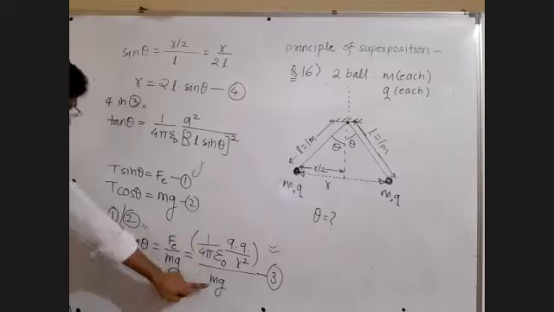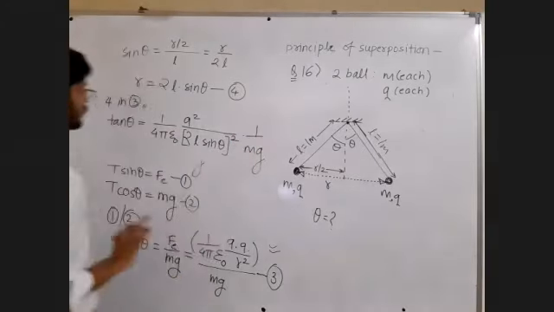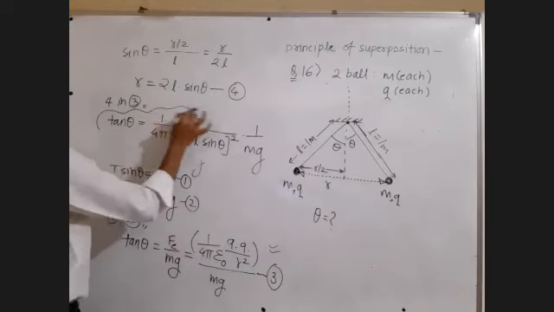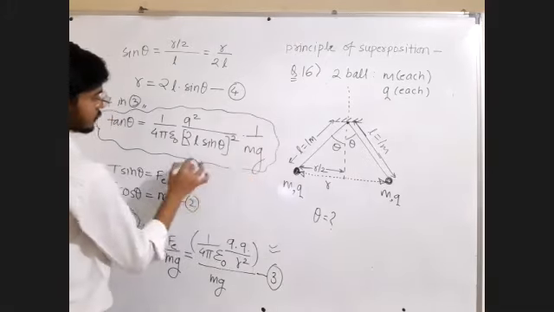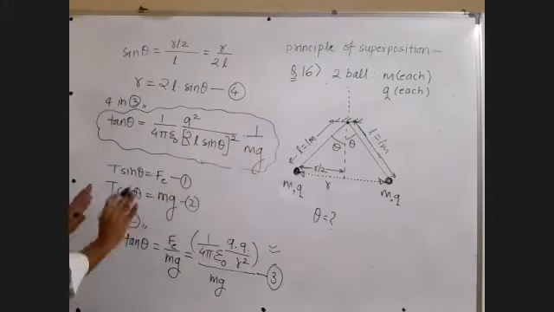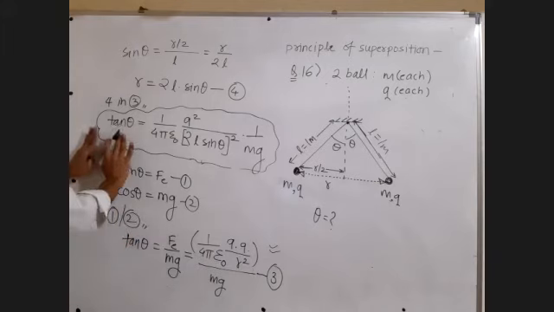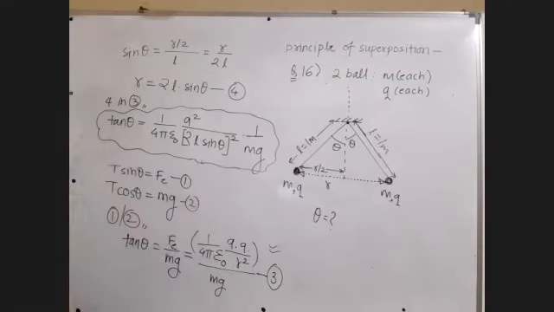Fine, sir. Divide by mg means multiplied by 1 upon mg. Keep this as it is. We are simply asked the expression. So that's it. I know that right now this theta should be only on the left hand side. But right now we will write this much only. Further simplification is right now just not possible. So we will keep it as it is.